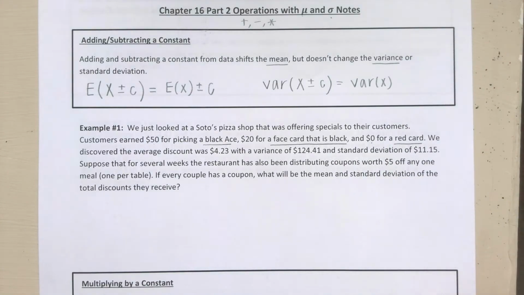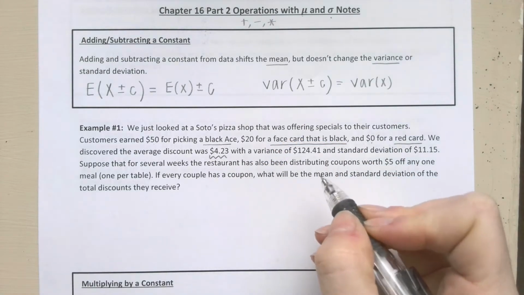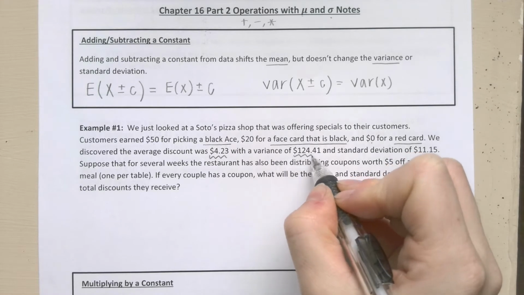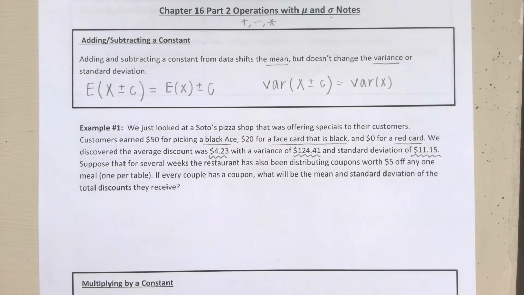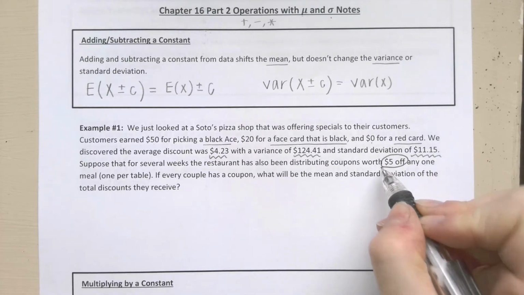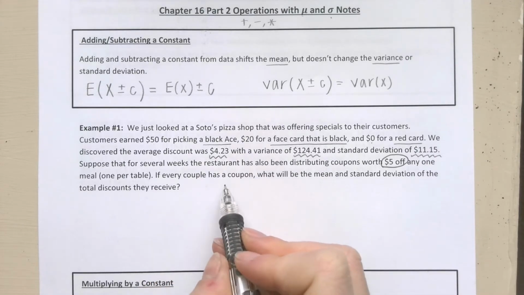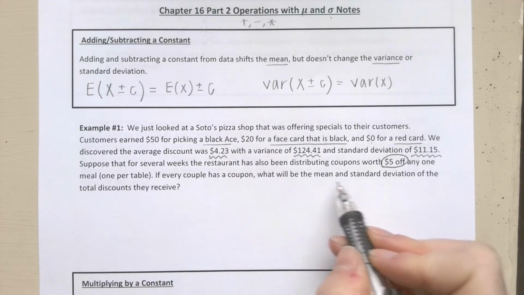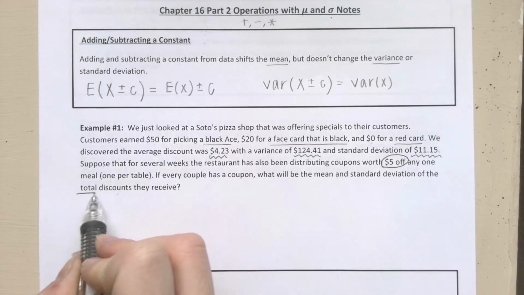We discovered that the average discount was $4.23 with a variance of $124.41, standard deviation of $11.15. So suppose that for several weeks, the restaurant has also been distributing coupons worth $5 off any one meal, so one per table. If every couple has a coupon, what will the mean and the standard deviation of the total discounts they receive?